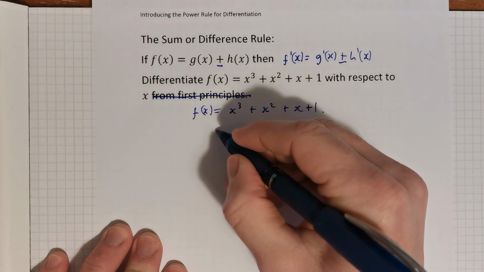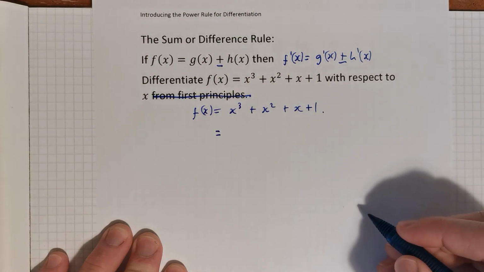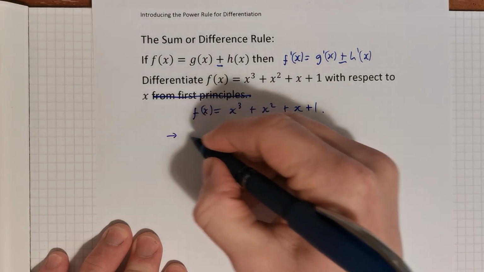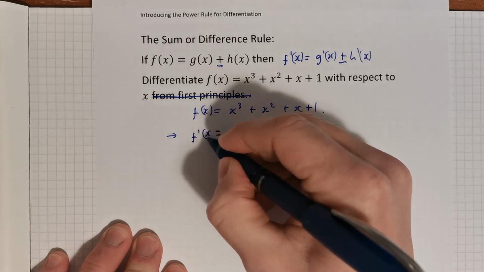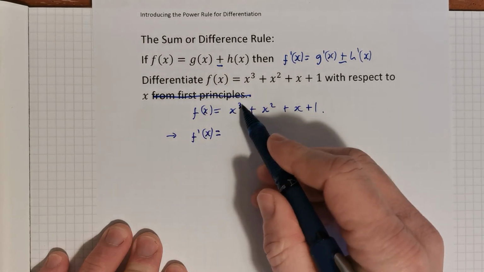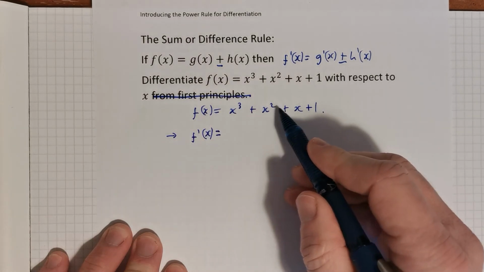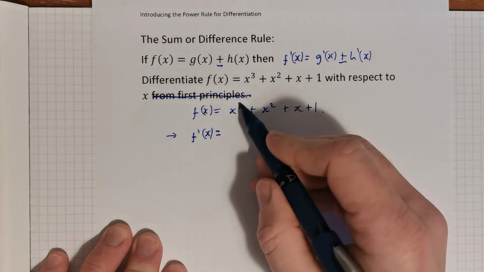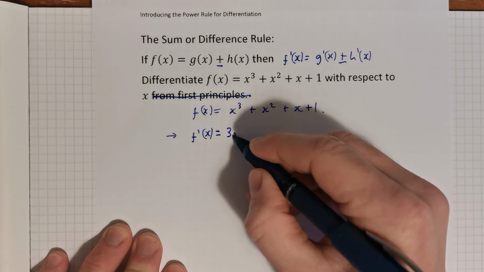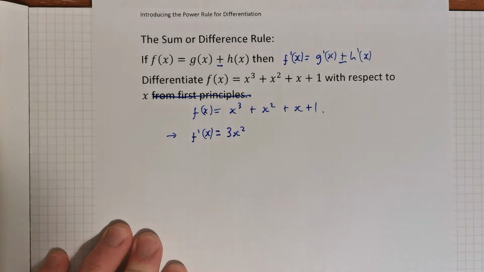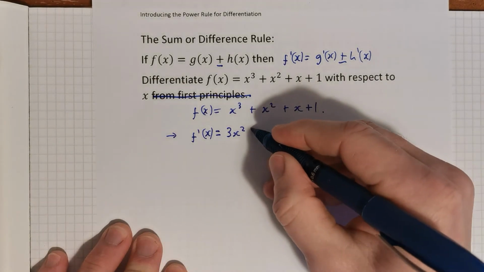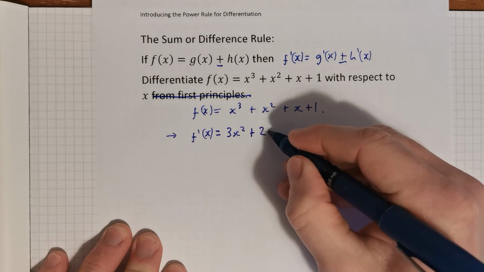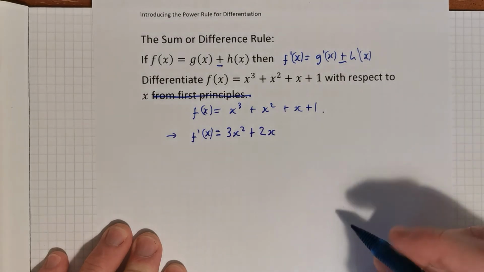Well, if I take the derivative of this function, what we're going to get is the derivative of x cubed plus the derivative of x squared plus the derivative of x plus 1. And the derivative of x cubed we found was 3x squared. Actually, we went through that from first principles earlier on. The derivative of x squared was 2x, and again, we went through that from first principles earlier on.